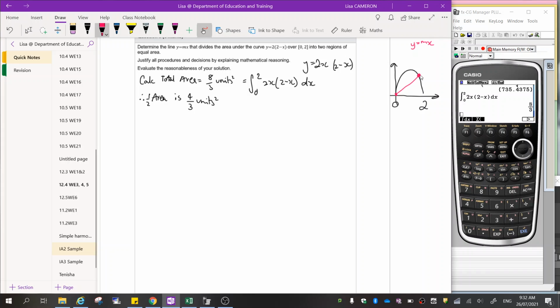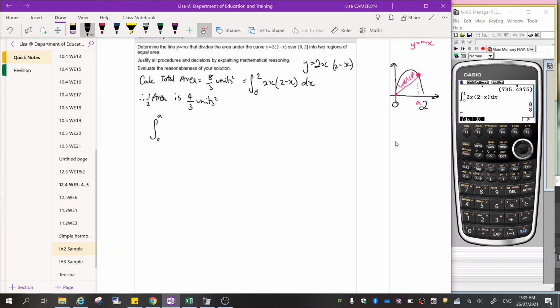So we need to calculate this point here. That point there is A, and that is the point where if I integrate the top of the function, we'll get what we want to get. So first things first, we're going to set up our equation. We're going to be integrating between 0 to A.